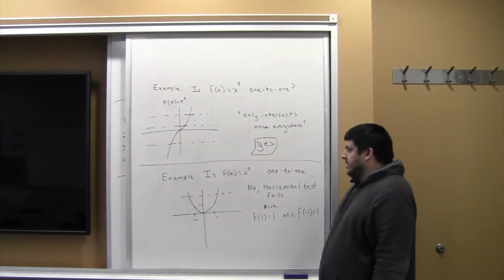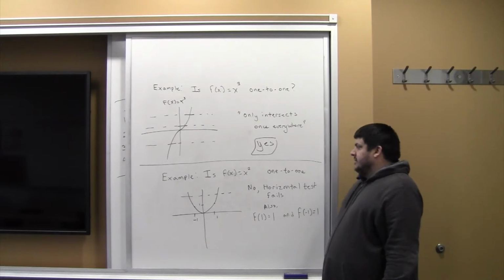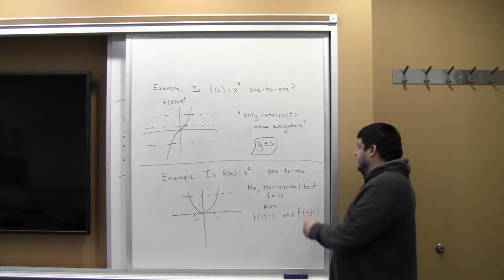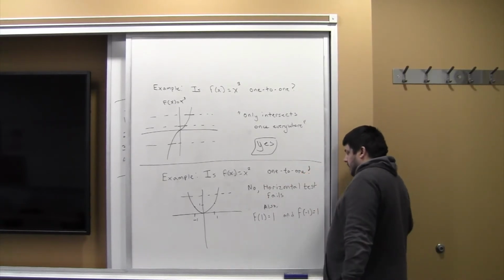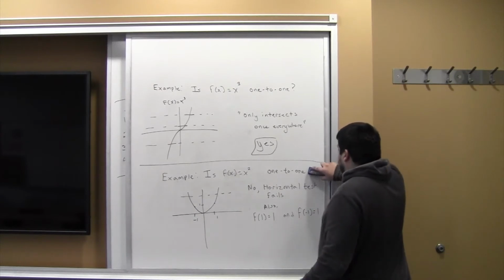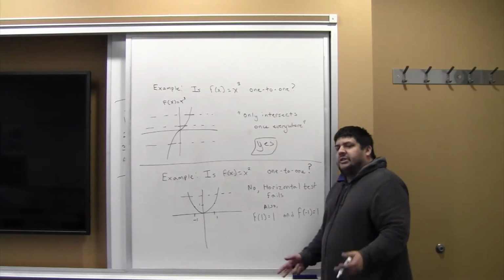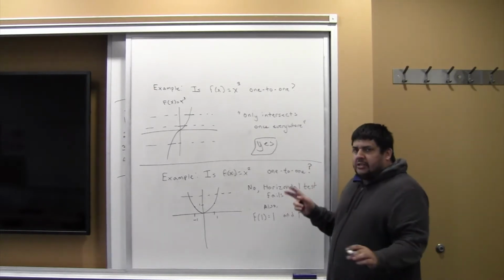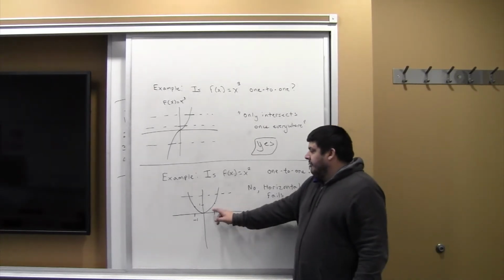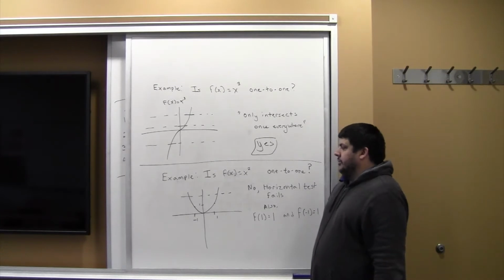Let's take a look at another example here. f of x is equal to x squared. Is this function one-to-one? Well, let's do this in two ways. First off, the horizontal line test. Here is the graph of x squared.